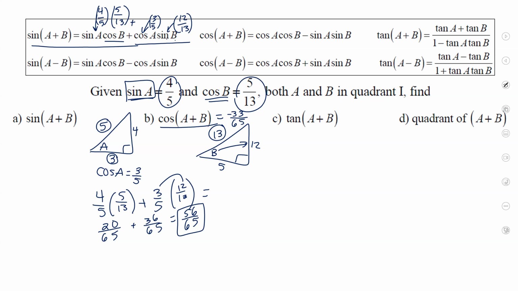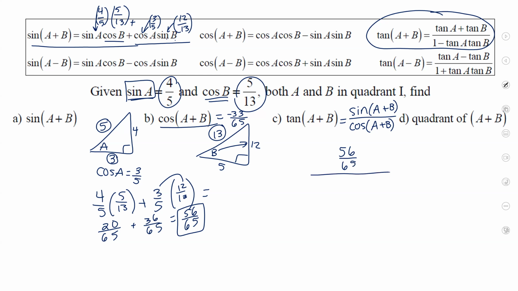So that means if I want tangent of A plus B, you can either use this formula, but since I already did this work for question A and question B, I already know that tangent of A plus B is going to be sine of A plus B divided by cosine of A plus B. So sine of A plus B, we said was 56 over 65.